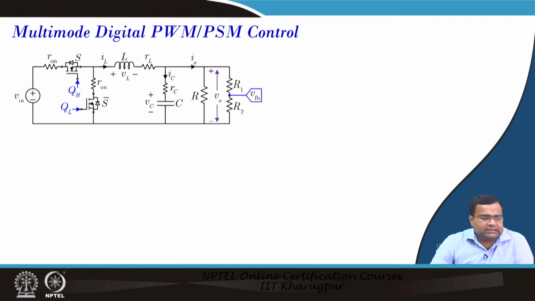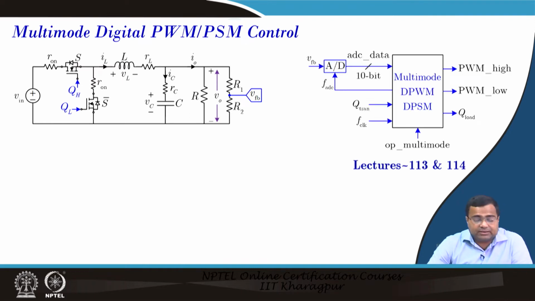Then we discussed multimode digital control, PWM and PSM, which is voltage-based, and you can also do current-based. We synthesized this multimode digital control using Verilog HDL and prototyped using FPGA in lectures 113 and 114, and we have also shown experimental results.